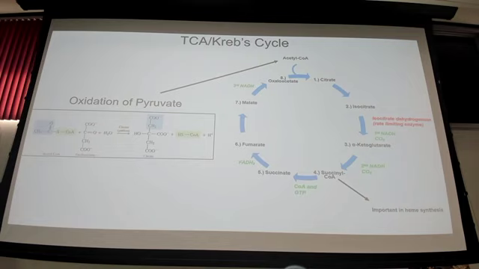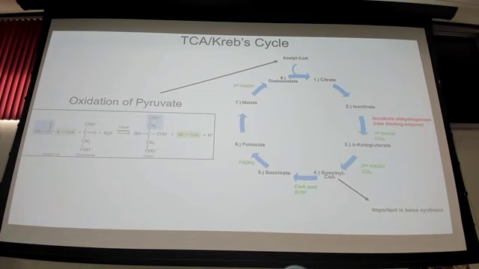Then you have acetyl-CoA, and what molecule combines with it to make citrate? Oxaloacetate, right? That is the preliminary step for the TCA cycle, and then you produce citrate, which is how this pathway gets its name.